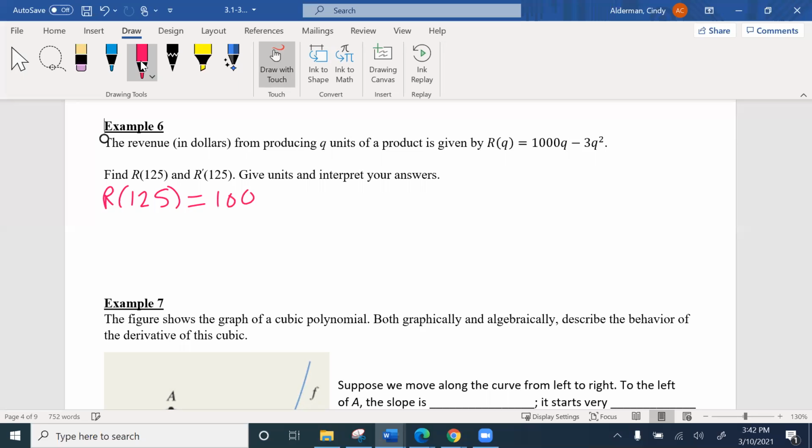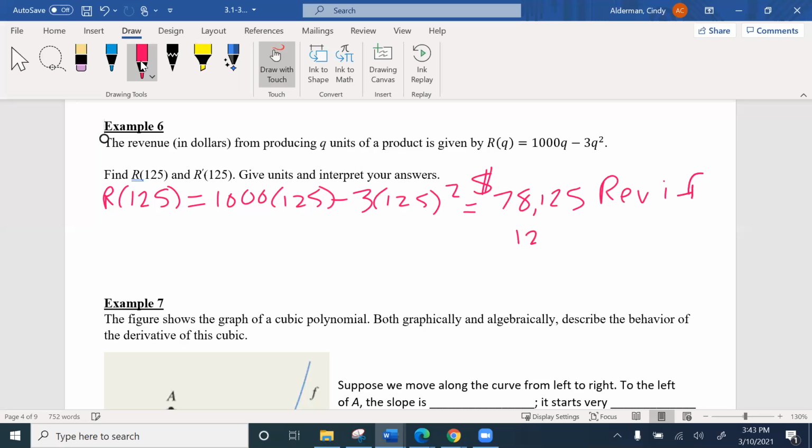So we've got 1000 times 125 minus 3 times 125 squared. If you do that, you will get $78,125. And what this means is the revenue if 125 units are sold.